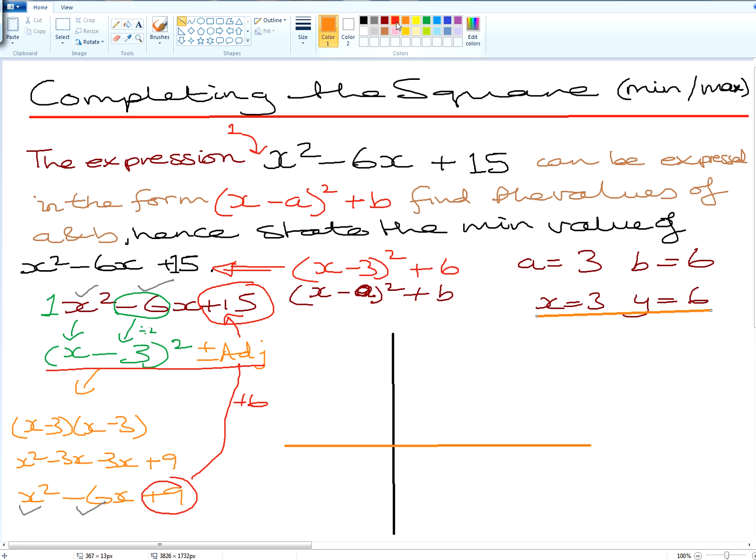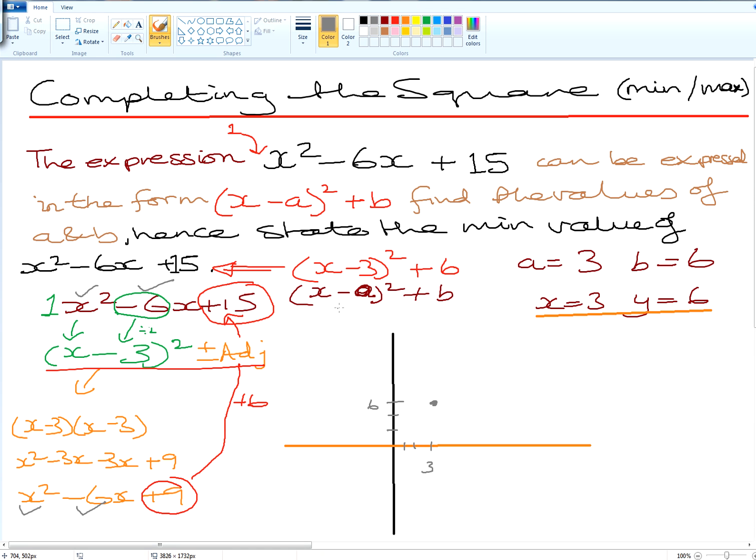Okay, let's now quickly sketch that. Let's get a brush. X equals 3, so 1, 2, 3. Y is equal to 6: 2, 4, 6. So what we just worked out here is for that function. I'm going to draw my graph.